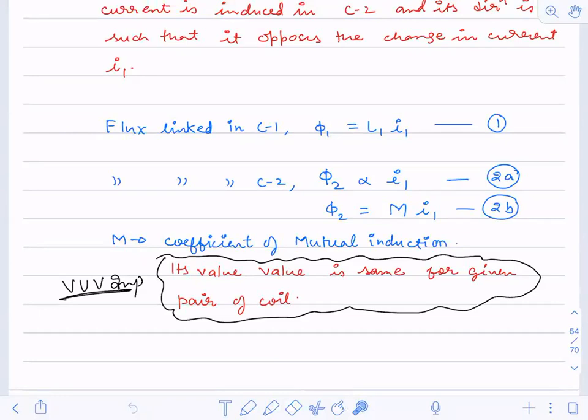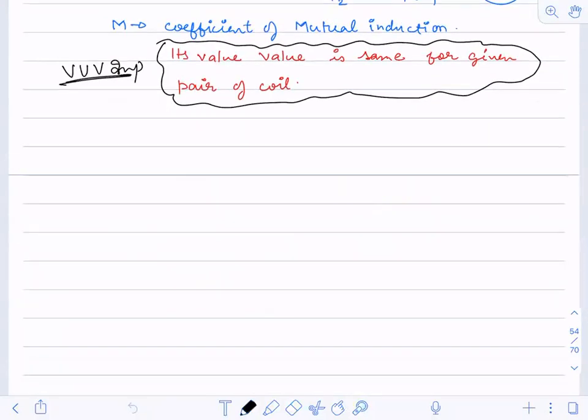Now, if you see the NCERT book, there is an example. I don't remember right now which example it is, where they have calculated energy stored or energy density in a magnetic field.